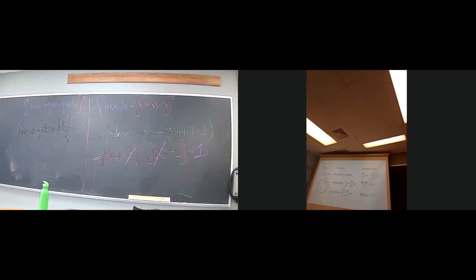Just as some more observations that are worth noting. Notice these integrals really only differ by powers, right? The first integral to the second integral, x differs by a power, right? Here we have x to the first power, x to the negative first power. From here to here, it's only ln of x that differs by that power.